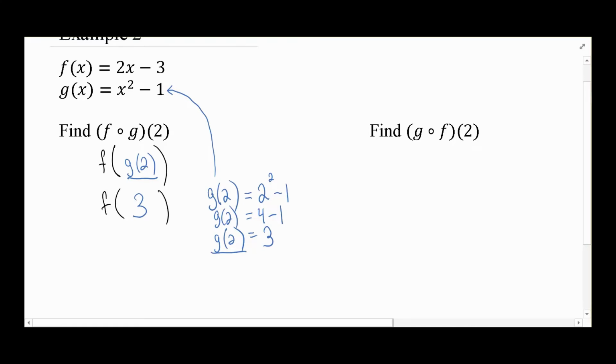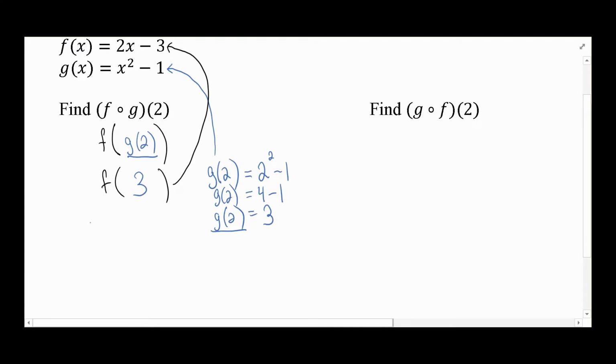Now the problem that I'm trying to solve is f of 3. So if I'm doing f of 3, that means f says 2 times whatever you plug in minus 3, and what I'm plugging in is 3. So that's going to get me 6 minus 3, or 3. And so again, I started with a number. My final answer is a number, and that's what we should expect. That's what we should look out for.